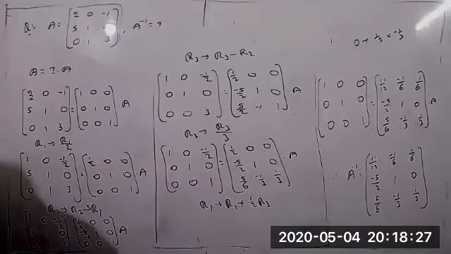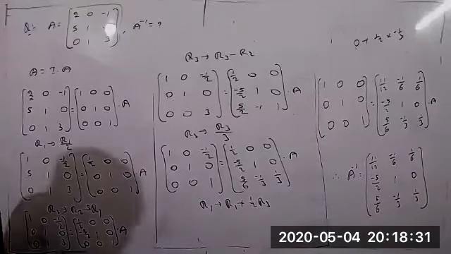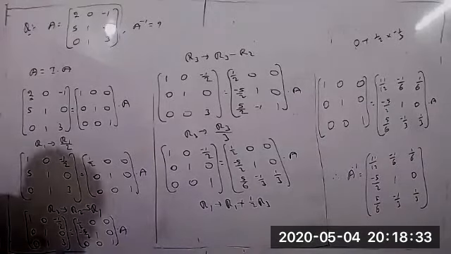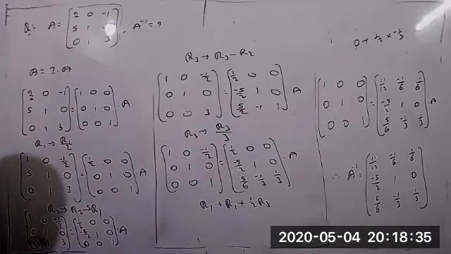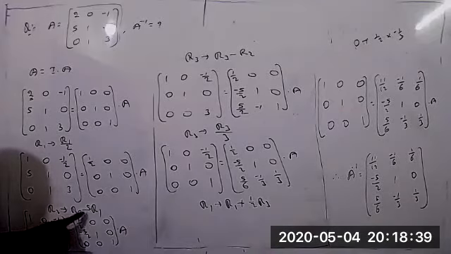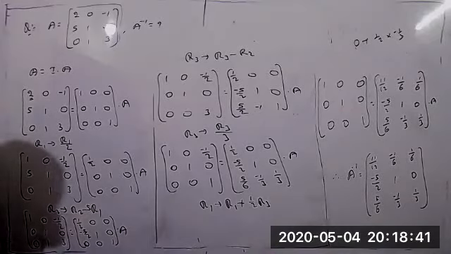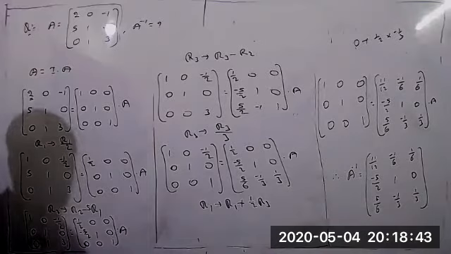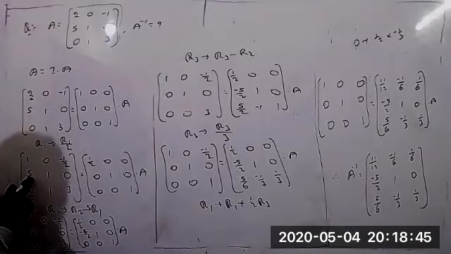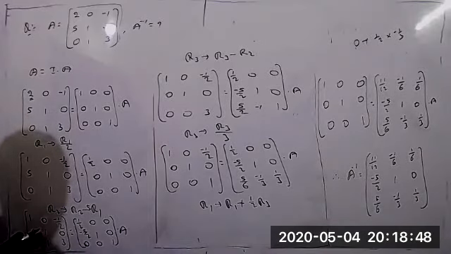Sir, R2 minus 5 R1. Did we get anything wrong here now? The second row. Yes, sir. R2 minus 5 R1. Once you can check it. So R2 equal to 5 minus 5 equal to 0. It's correct only.